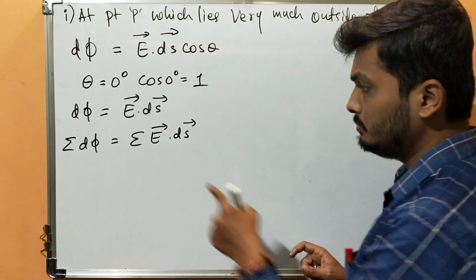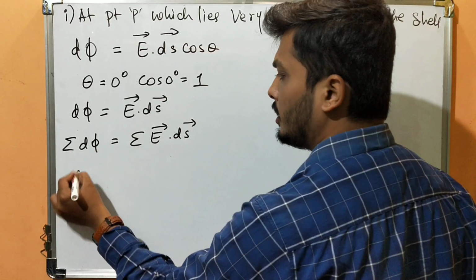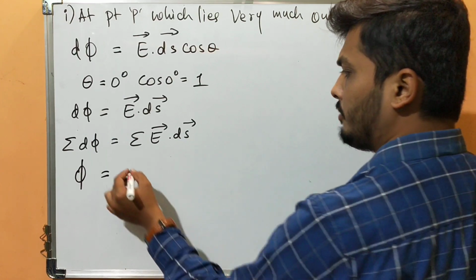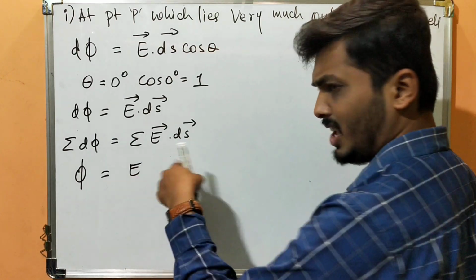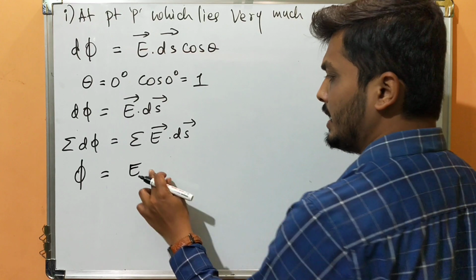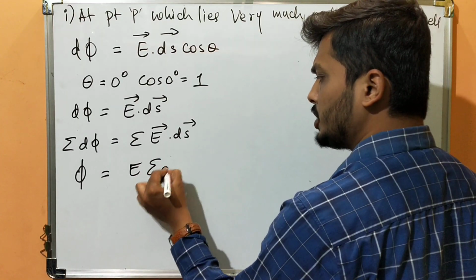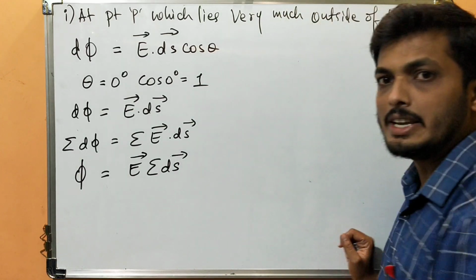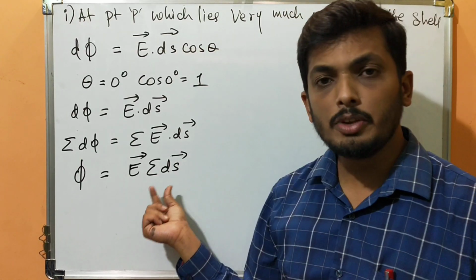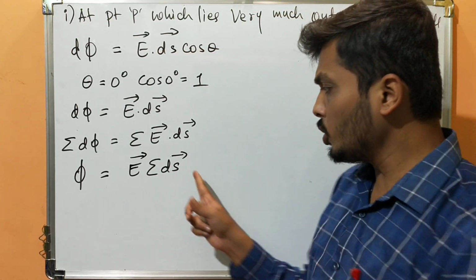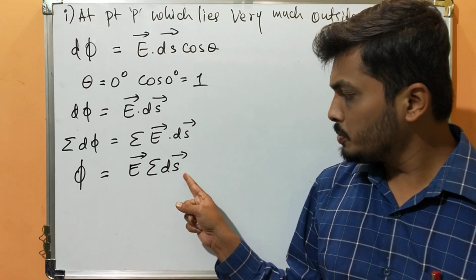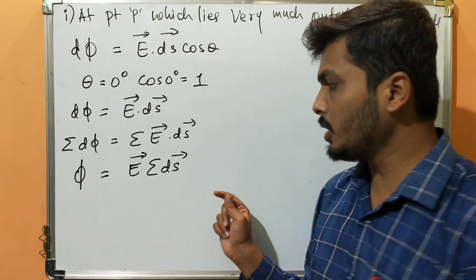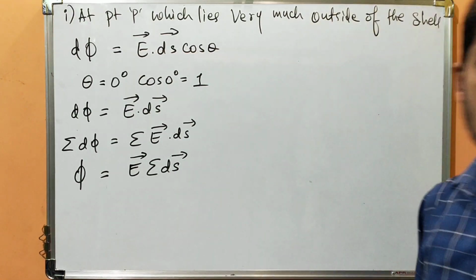The summation of d phi gives me phi, and the electric field is uniform, so E will be the same outside for a sphere. But what will the summation of ds give me? Don't go by the labelings. In some textbooks they have written dA, in some they have written ds.